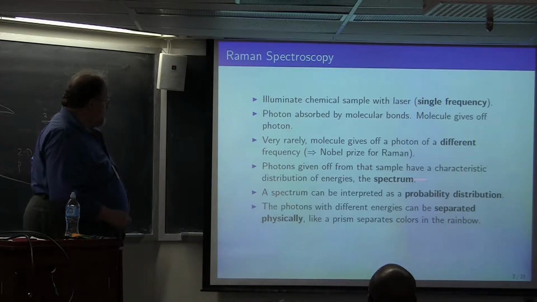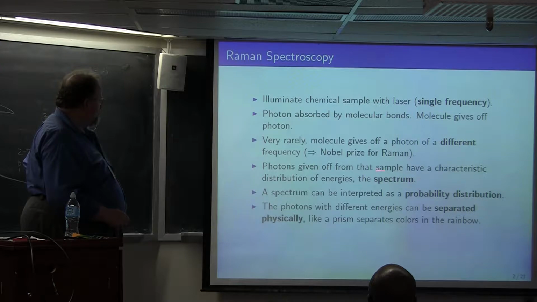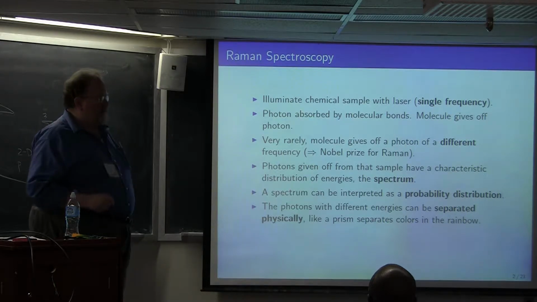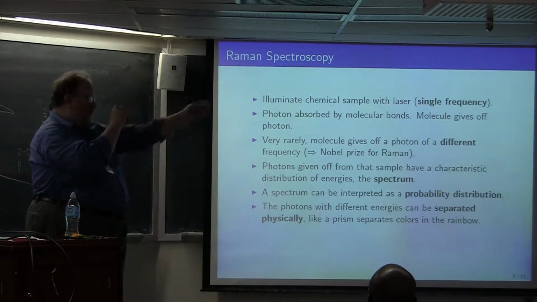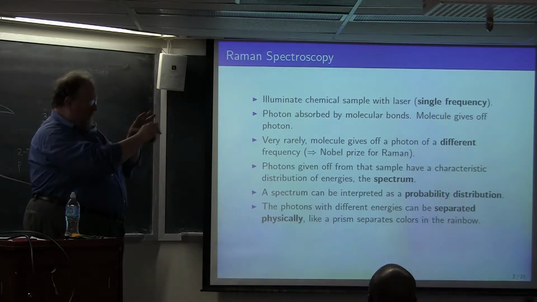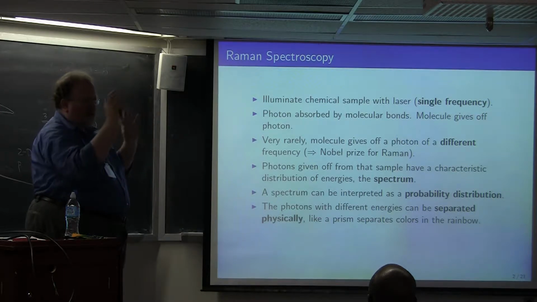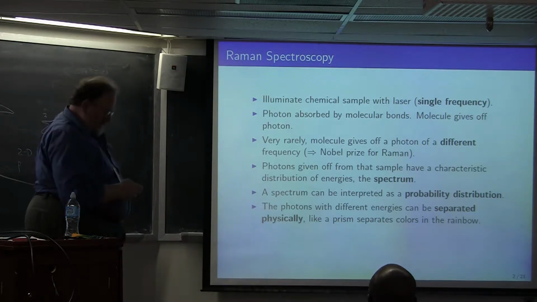The photons given off from that sample have a characteristic distribution of energies, which is a spectrum. You can think of a spectrum as a probability distribution. In other words, photons are coming randomly off this molecule, and they have different frequencies, different colors, different energies, however you want to talk about it.